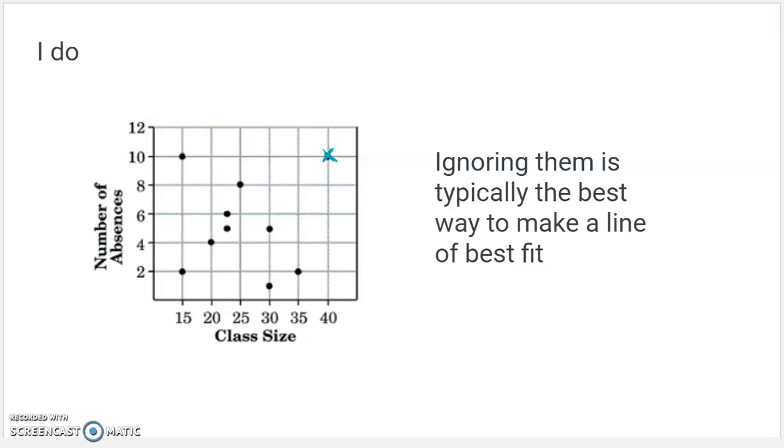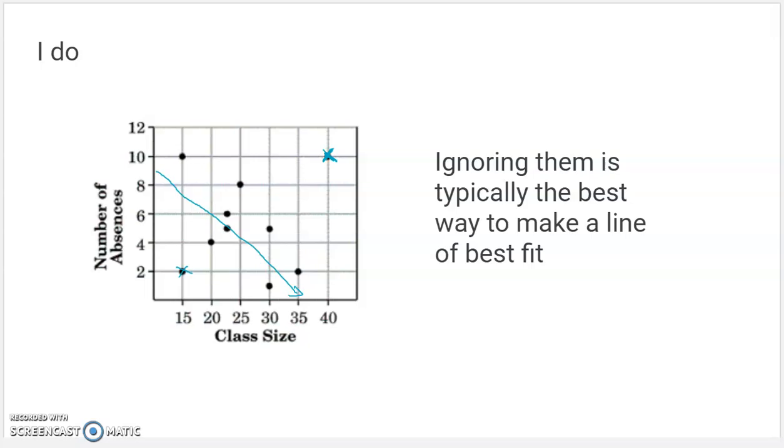Not a super strong one, but if I just ignore one point, I would probably place a line of best fit somewhere like that. I do think you see a negative correlation if you ignore one certain point. These kind of trend down. It gets a little tighter even if you ignore certain other outliers, like that's probably one. And then that makes the correlation even more clear if we take outliers out of the picture.